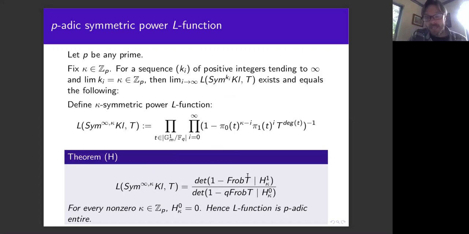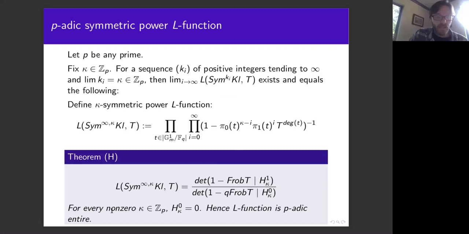I want to emphasize that this type of L function is not expected to be rational. This is supposed to be purely p-adic transcendental. This H1 here is going to be an infinite dimensional vector space. This H0 may not be, but the H1 is expected to be. And so this will be a p-adic meromorphic object.